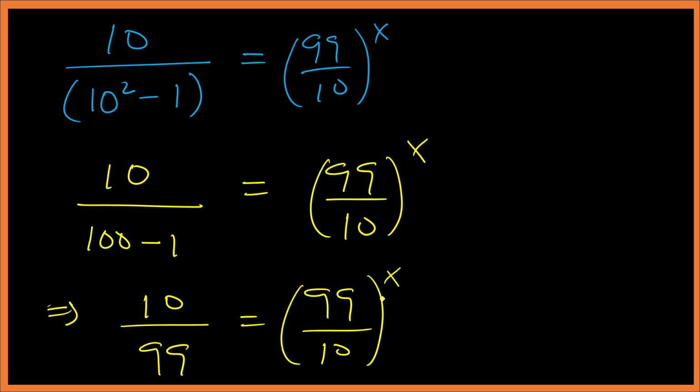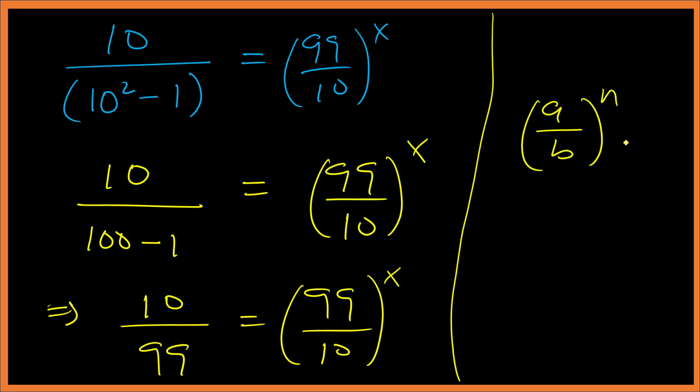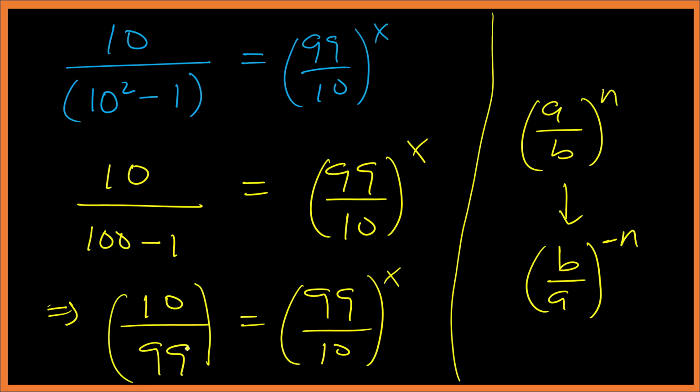Now from here, when you are given a over b to the power n, it is the same as b over a raised to negative n. So from here, remember we have 10 over 99 equals 99 over 10. We have to make sure we get equal bases since we have x here. So what we are going to do is change one of these.